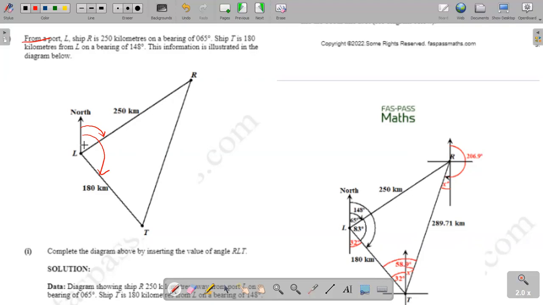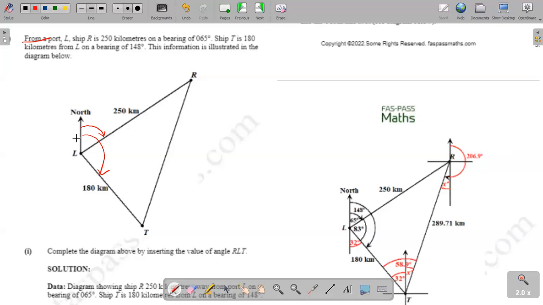If you got it, you got it. That's the first thing you just got to understand. There's two bearings. One that goes to R and one goes to T. And you always measure your bearing from the north line.